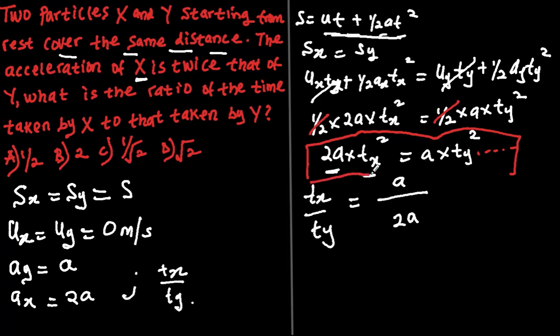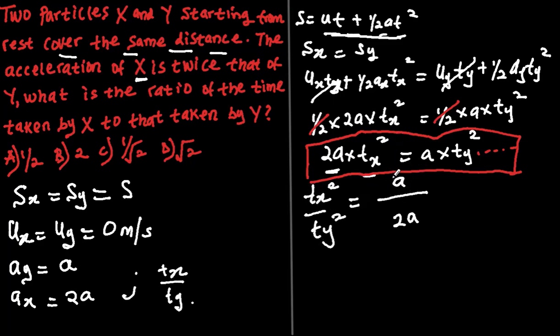I'm going to have t of x squared. Pardon me, this should carry square. So I'm going to have t of x squared times 2a, which is what I have above, then t of y squared times a, which is what I have above. So whenever you are arranging this kind of equation, you must arrange it such that by the time you cross multiply, you go back to your previous equation.